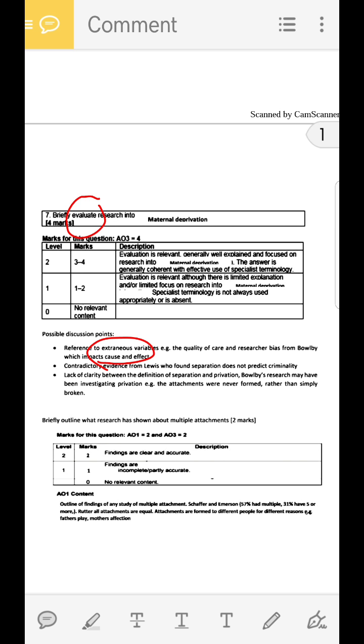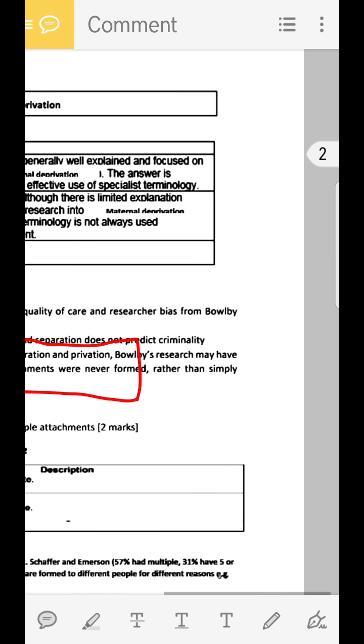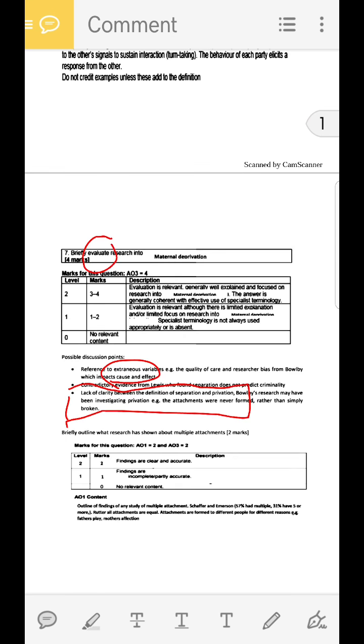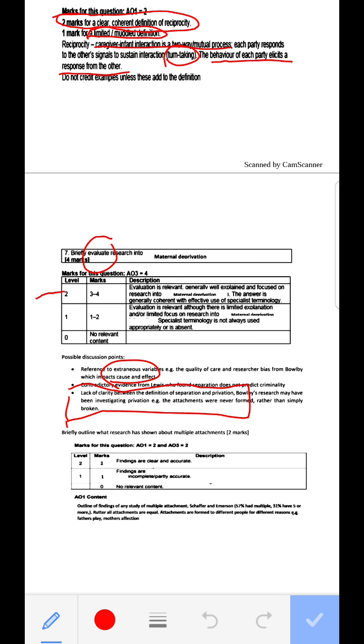Again, the best answers had also included this point here, that there's a lack of clarity between separation and privation. So Bowlby's research may have actually been investigating privation rather than maternal deprivation. For those answers, they would have, in all likelihood, got into this level here, okay?